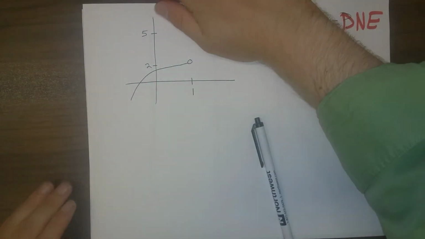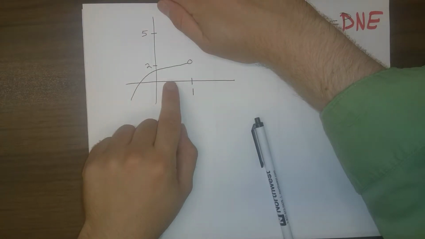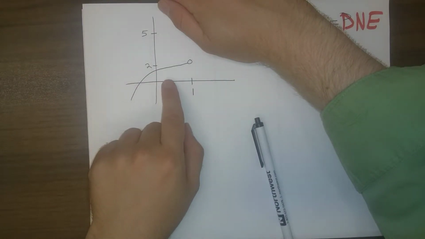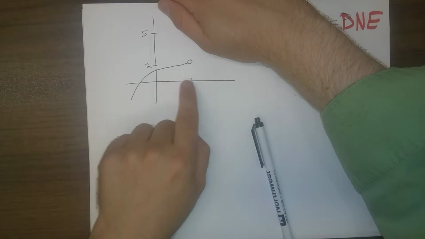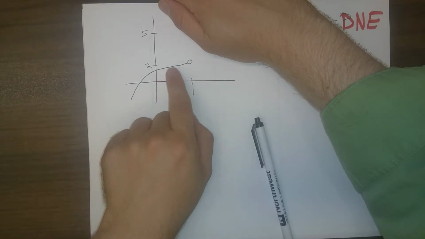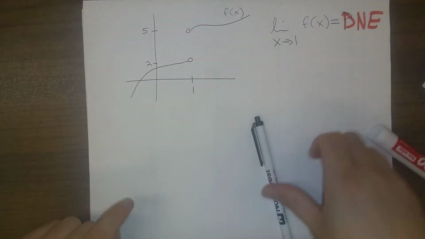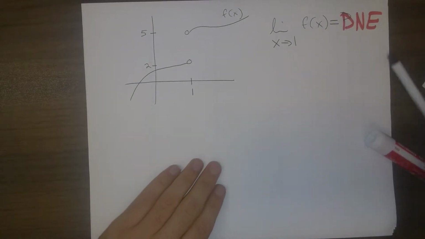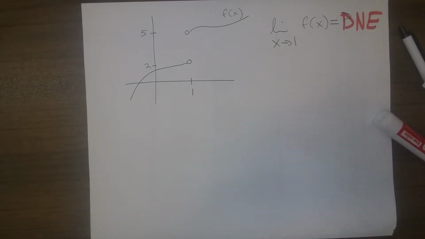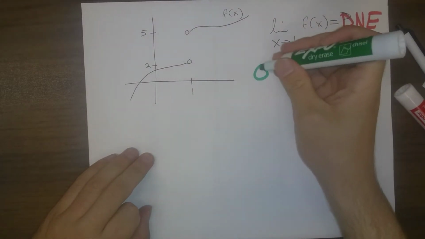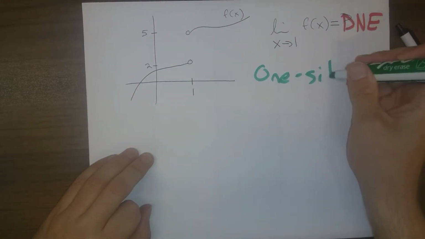And if we're a little bit less than 1 and our input value is getting closer and closer to 1 from the left, our output value is getting closer and closer to 2. And so this ends up meaning that we want to define what are called one-sided limits.